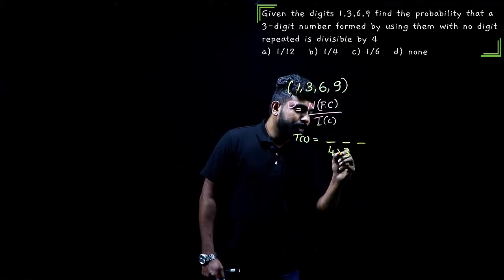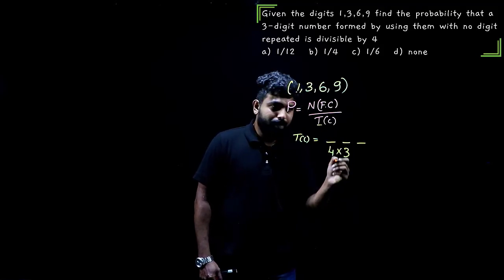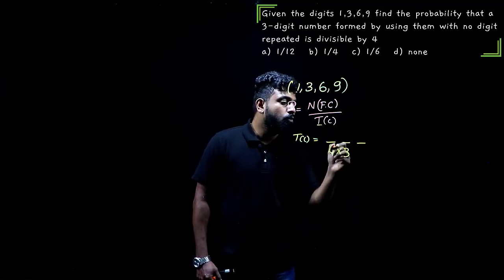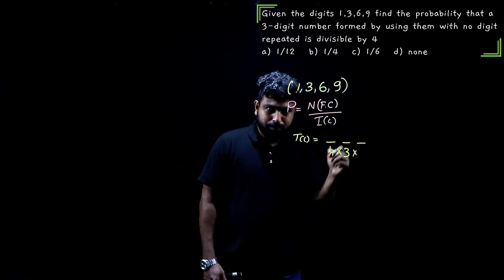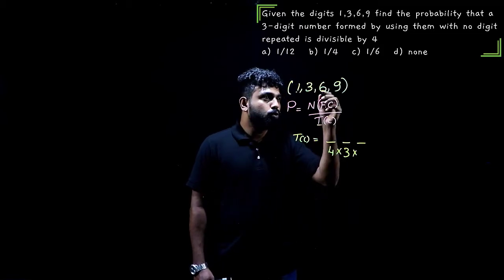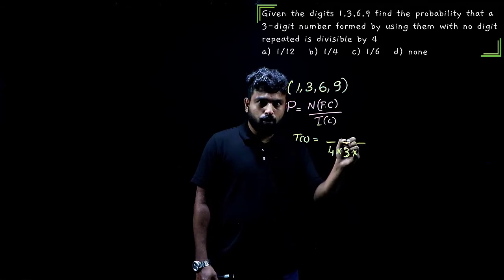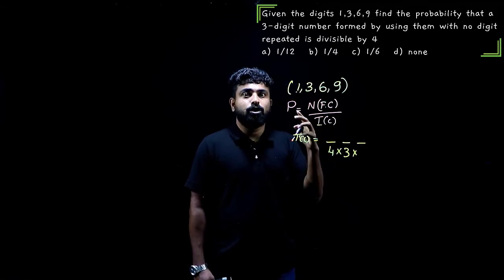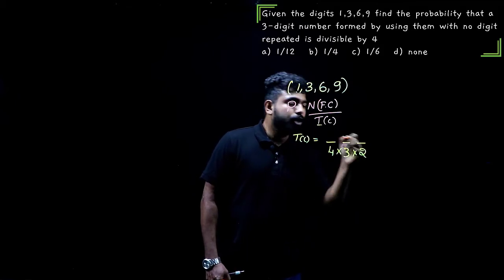So now this can be filled in 3 ways. 4 and 3, and is nothing but multiplication. And how many ways can I fill this place in? I've used one term for my first place, second term for my second place. So how many digits are left out? There are 2 digits left out, so I can be using any 2 numbers to fill my units place.